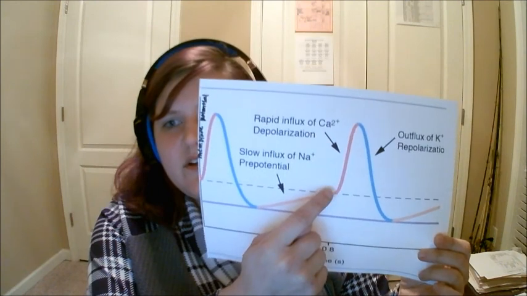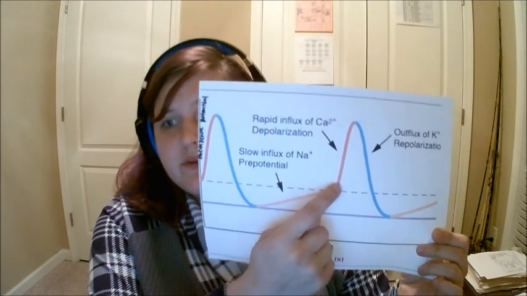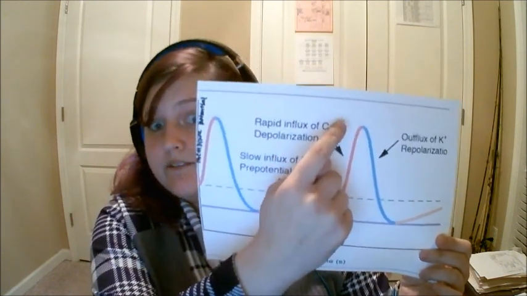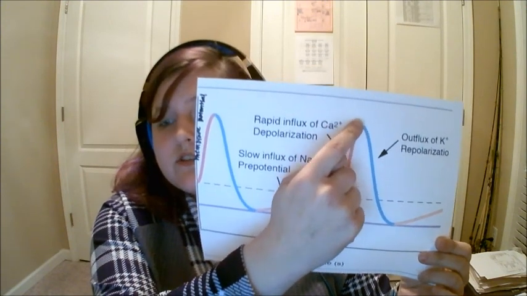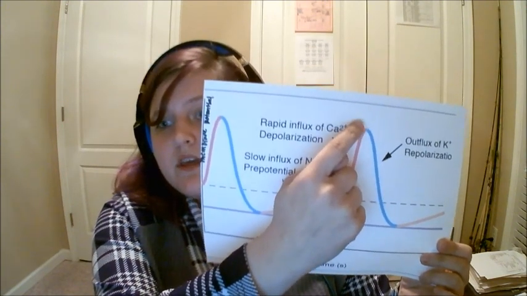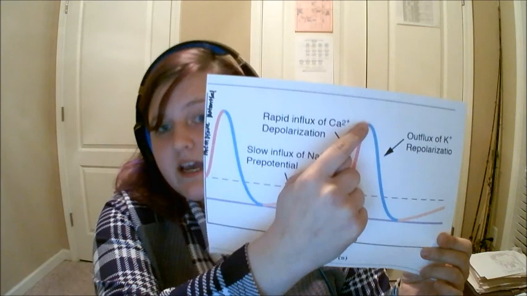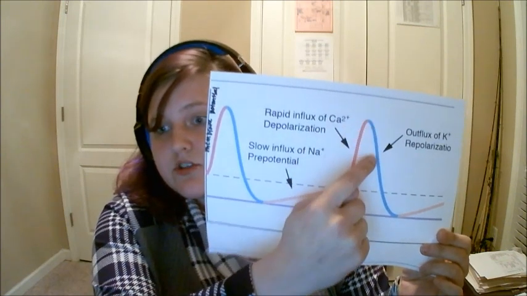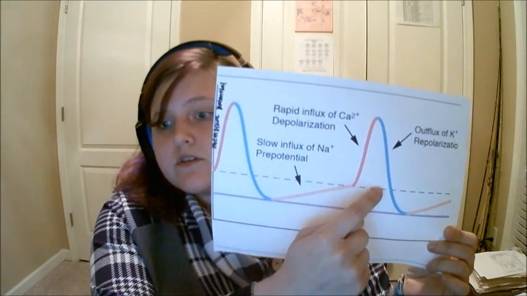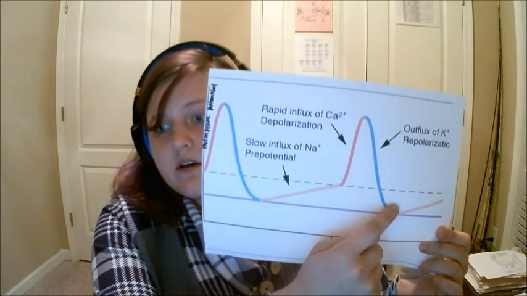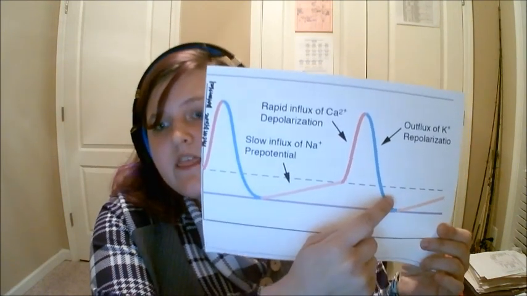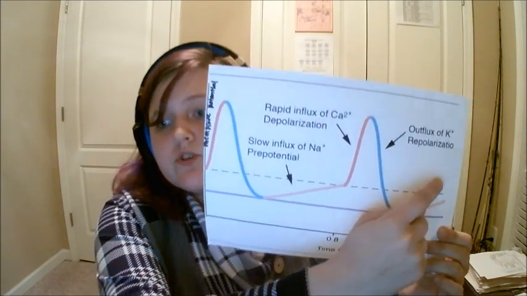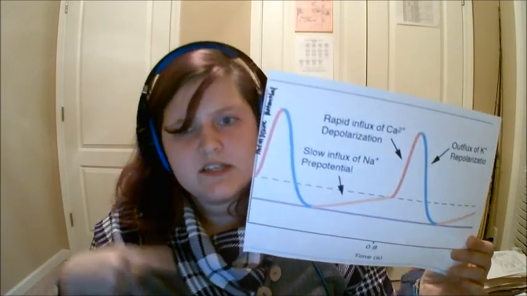And then all of a sudden the calcium channels open and it goes up a lot, really fast. Once it gets to its peak, then the potassium will open and it starts to go back down. And once it reaches the bottom again, then the sodium will open and we'll start the process again. So it's a continuous loop.